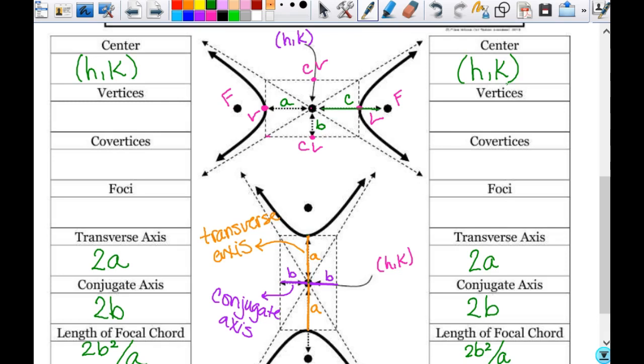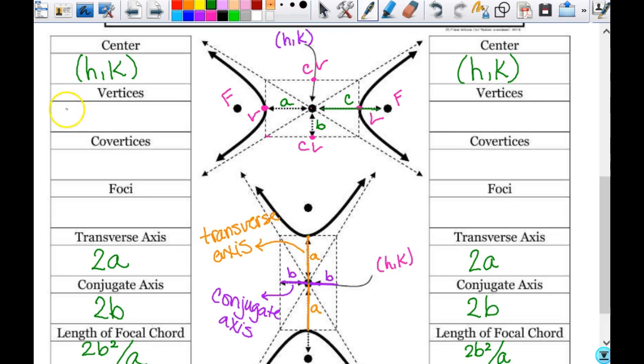The vertices are always in line with the foci and the center point on the ellipse and on the hyperbola, which means that you can talk about it opening left and right or up and down, however you want to think about that. But when it opens towards the x's, then that's what's changing. It's all lined up with the x values that are changing. Your y value stays the same for the vertices.